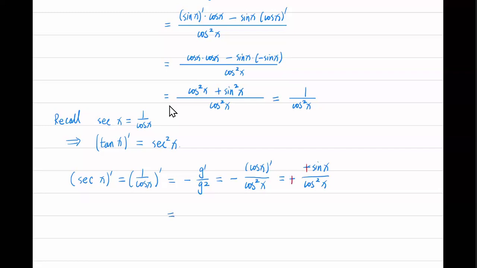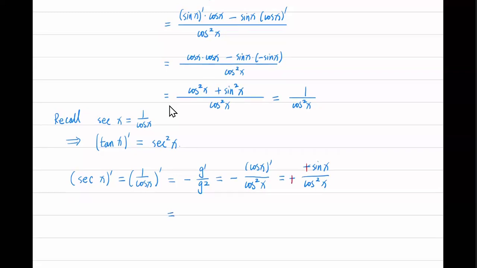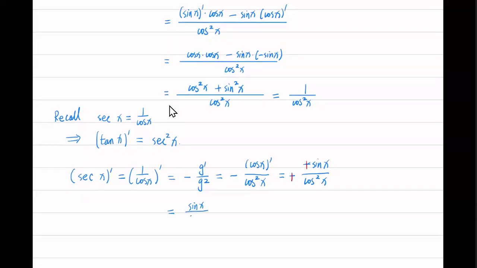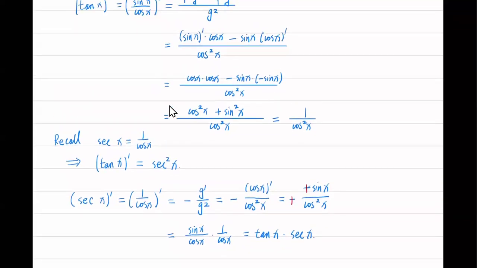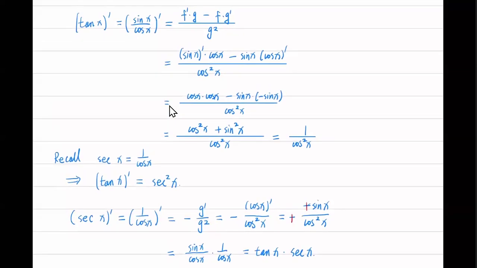Write this as x cosine square. We split this as cosine x. The first part is tangent x. Second part is secant x. Okay, so that's the first. Any question about these two derivatives, tangent and secant?